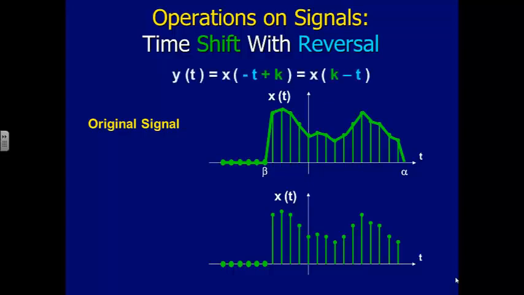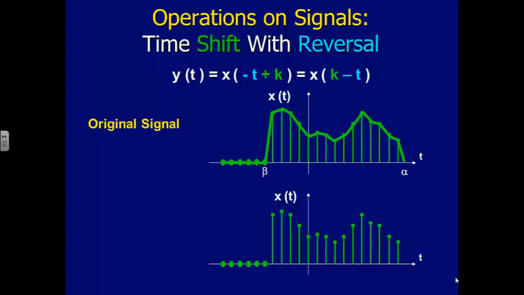For example, if we had some signal x of t and we wanted to create a new version of the signal we'll call y of t, that's a time reversed version, so it's like x of minus t, but in addition has a time shift of plus k, so it would be x of minus t plus k, or rearranging the arguments if you prefer, x of k minus t.